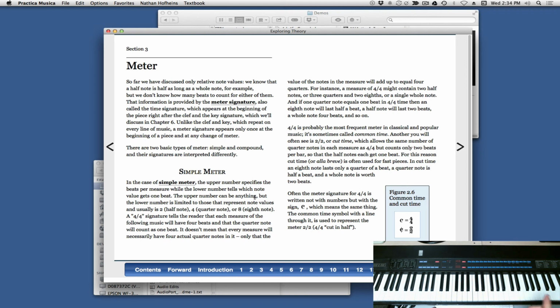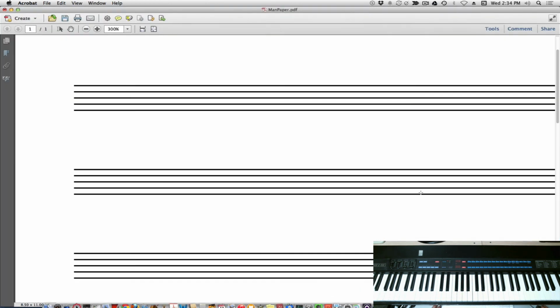And so we would go 1 and 2 and 3 and 4 and 1, and this is the beat, right? And then if we have eighth notes, then they go 1 and 2 and 3 and 4 and 1, 2, 3, 4. So that's why we call it a simple meter, because the beat is divided into two parts.